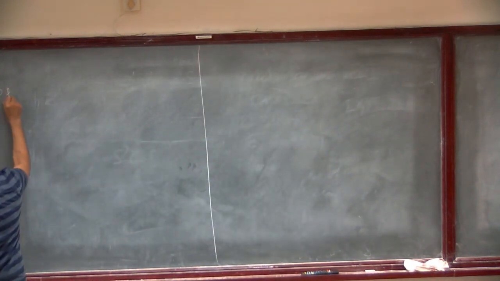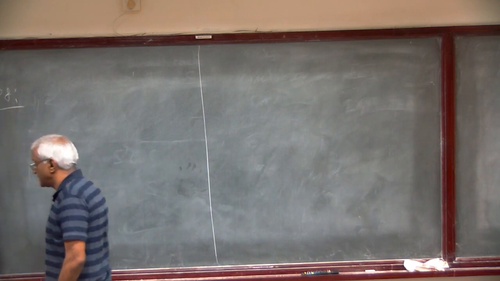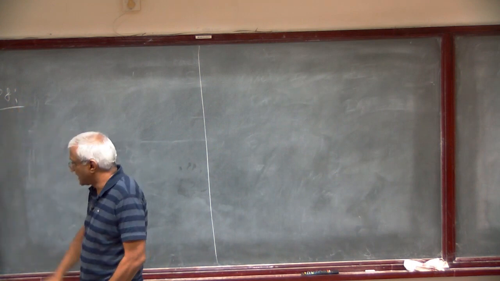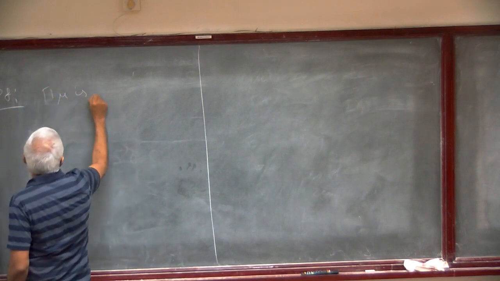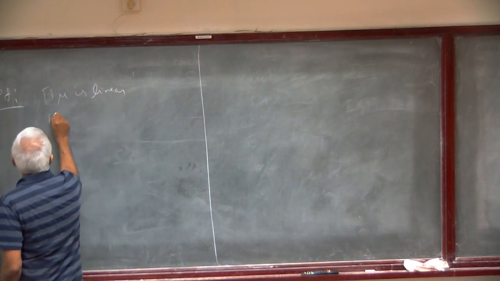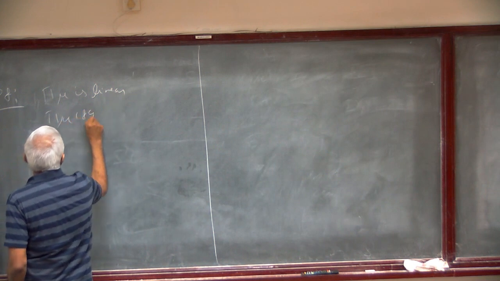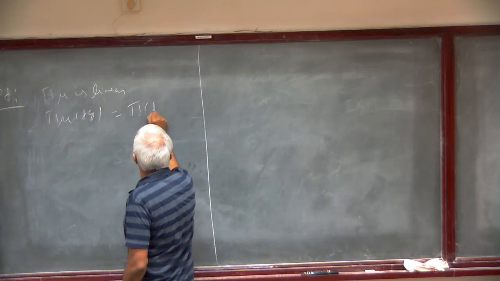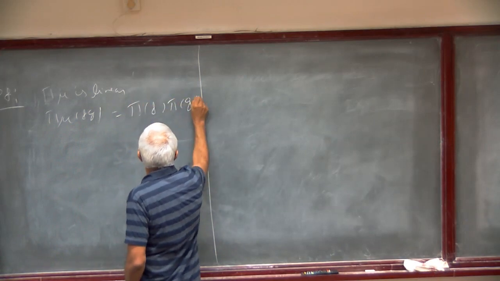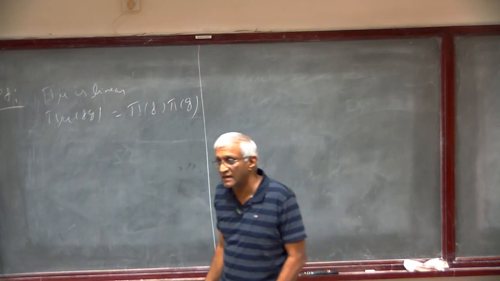So let's first verify that it's a representation. First, clearly π_μ is linear. π_μ(fg): of course, you apply g first and f later, and it's going to be multiplication. So these things are clear.